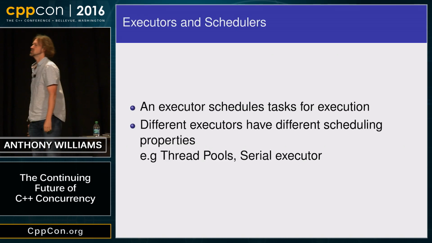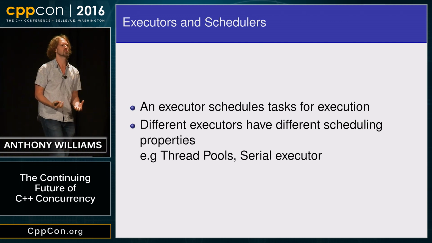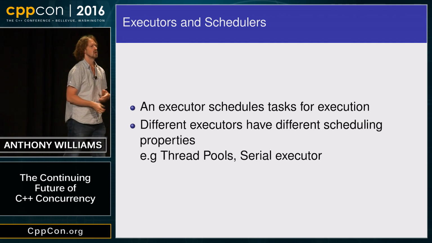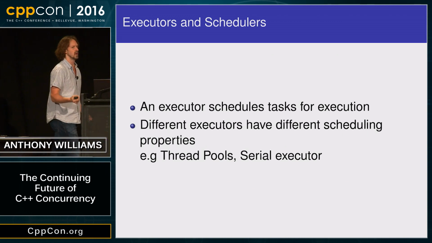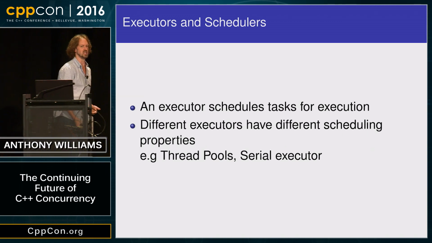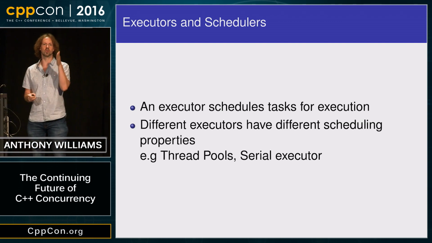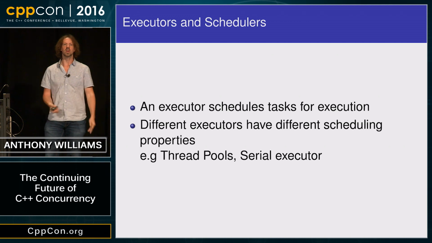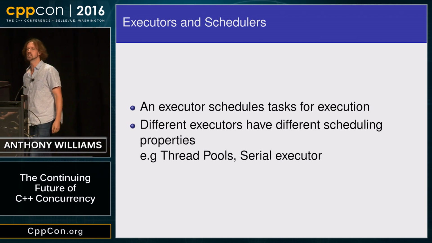Okay. Executors and schedulers. These are the building blocks for thread pools. An executor schedules tasks for execution, and you might have different properties. You might have thread pools, you might have serial executors that run things on a particular thread, one after another. Hartmut talked yesterday about the potential for GPU executors.